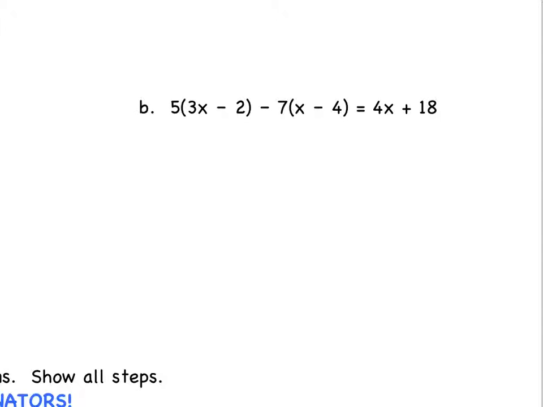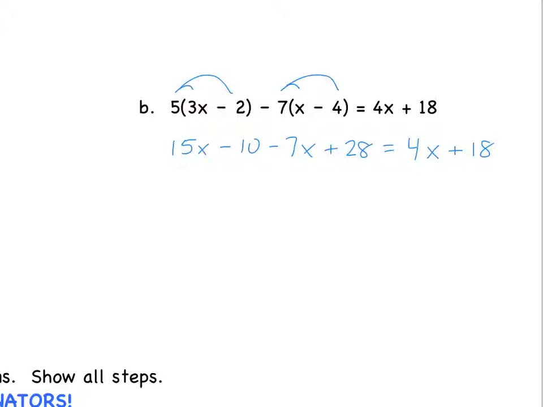We do our distributing. That gives us 15x, 5 times negative 2 is minus 10. Distributing the negative 7, it puts us at negative 7x plus 28. There's nothing on the right side to change, so we'll keep it 4x plus 18.